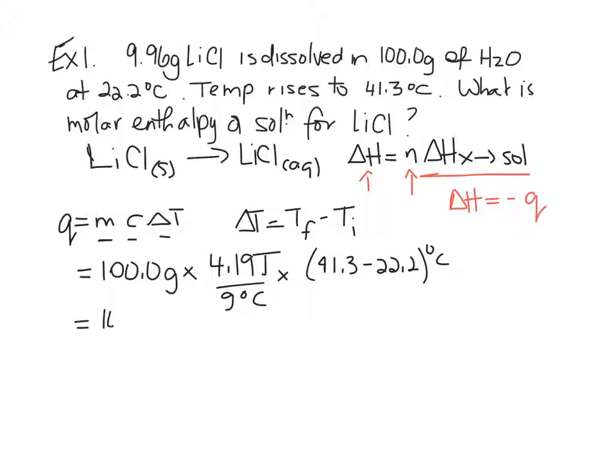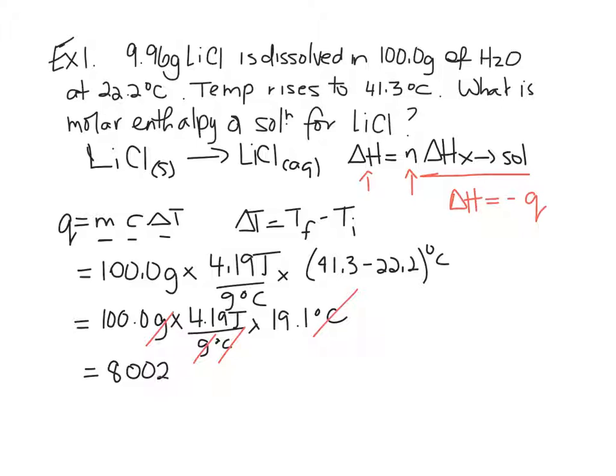So 100 grams times 4.19 times 19.1. Grams cancel, degrees Celsius cancel, and you are left with 8,002.9 joules.